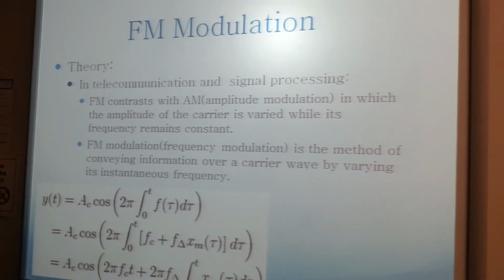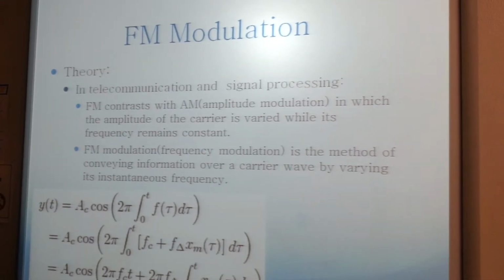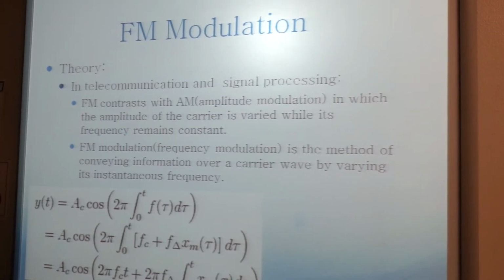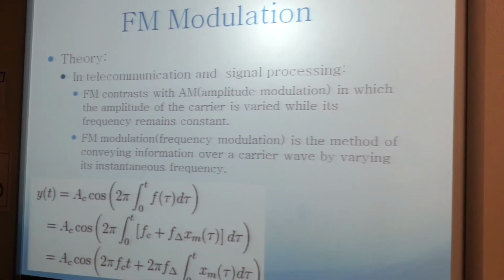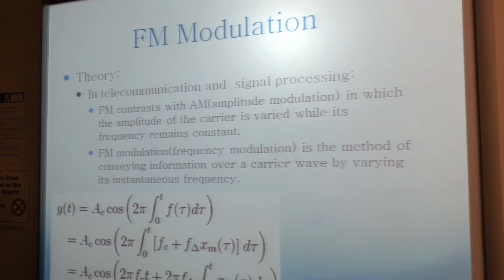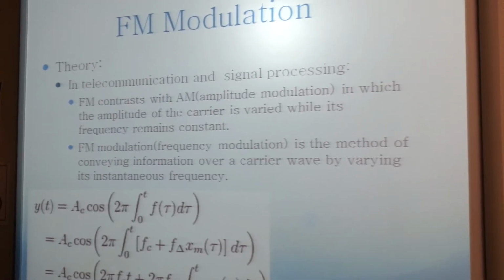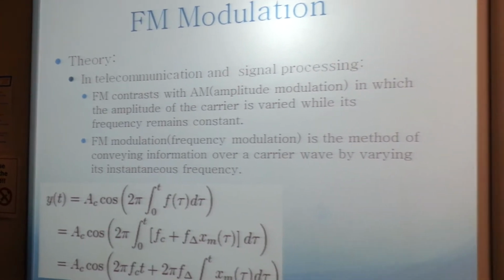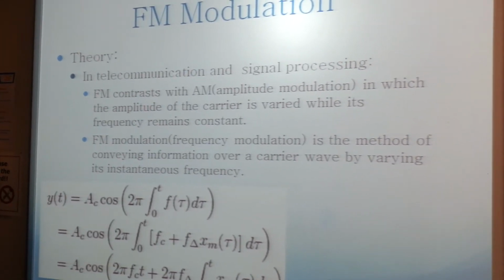Okay, so I will talk about the theory behind our project, and first I will talk about the modulation. There are many different types of modulation, such as amplitude modulation, frequency modulation, but we will use the frequency modulation for this project.